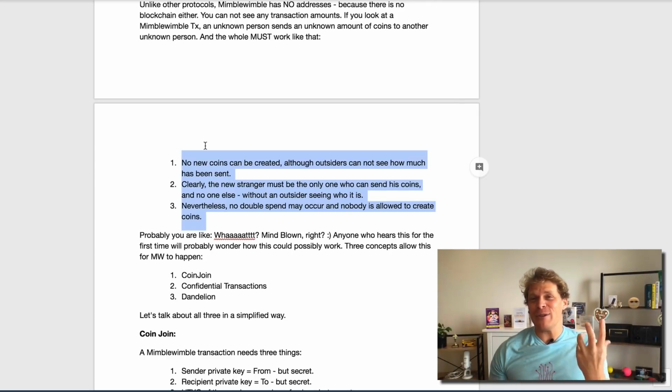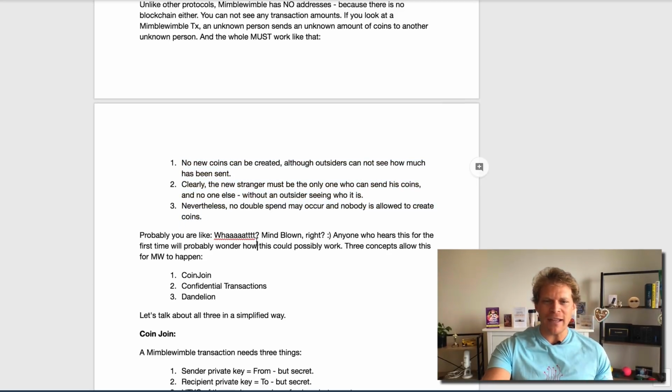Every time you hear this for the first time, you're like, what? How is this supposed to work? To me, this is always the mind-blown moment, because the crazy thing is, it does work. Even though you don't know who is sending how much to whom, you can still trust the system, by using some very elegant maths and very elegant crypto.